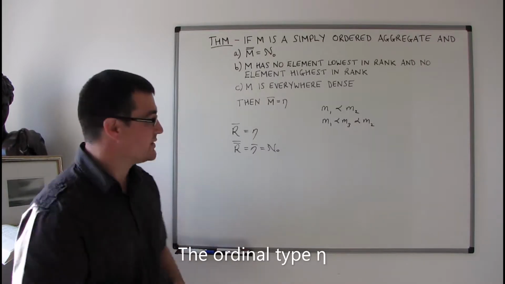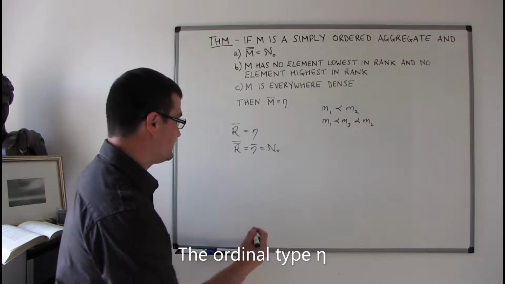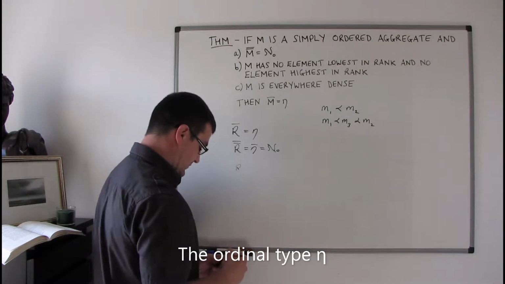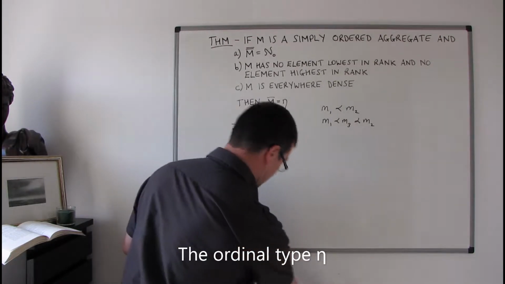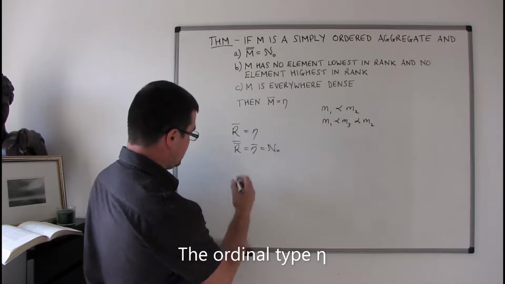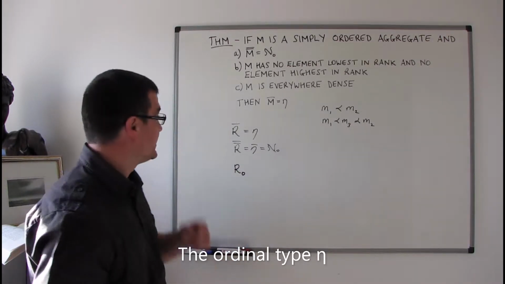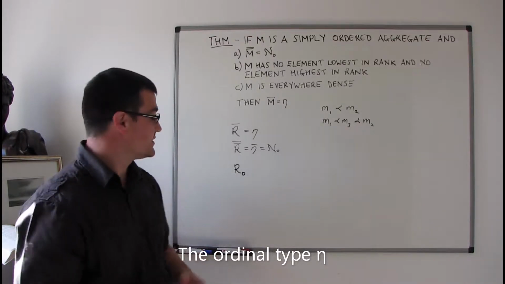Of particular importance as well in the proof of this theorem is going to be the aggregate R0. Now, if you remember, R0 was the aggregate.